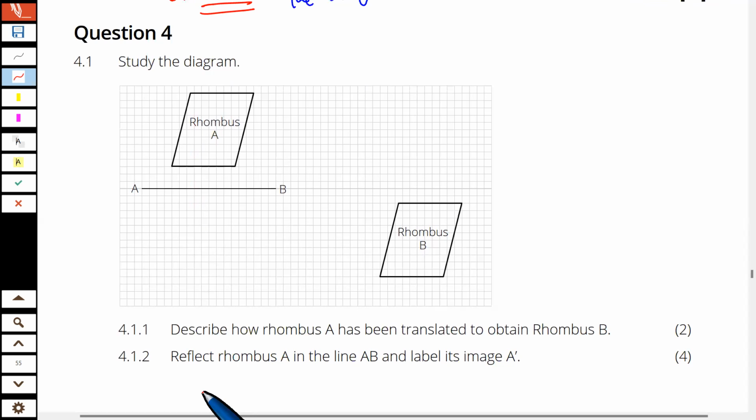Okay, let's look at figure 4 now, and we're looking at question 4.1.1.